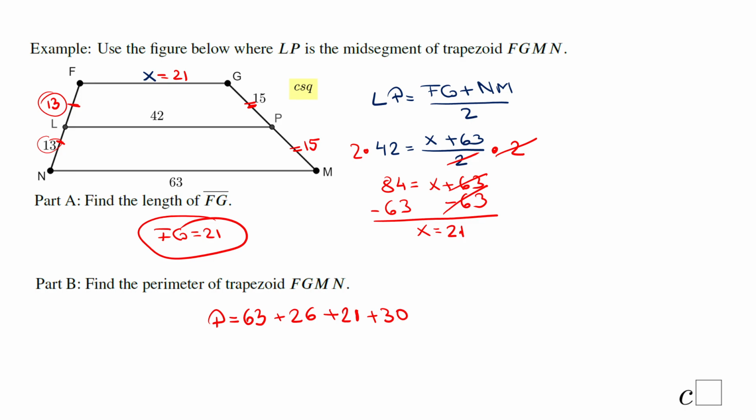So we have to add these four numbers. Don't add 42, the midsegment, no reason. And I end up with 140. The perimeter of this trapezoid is 140.